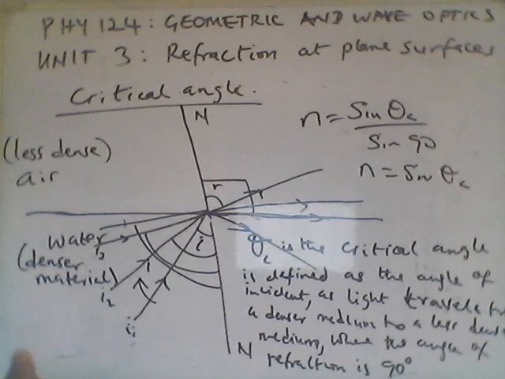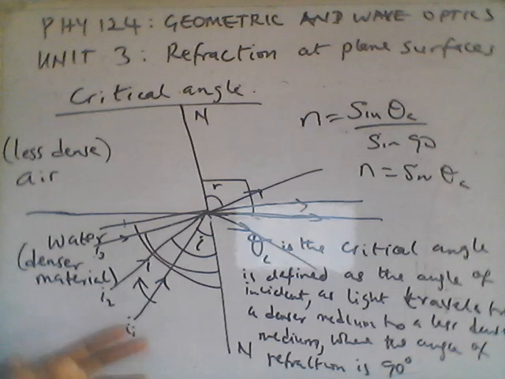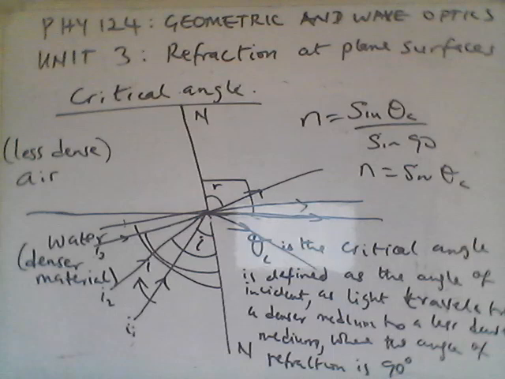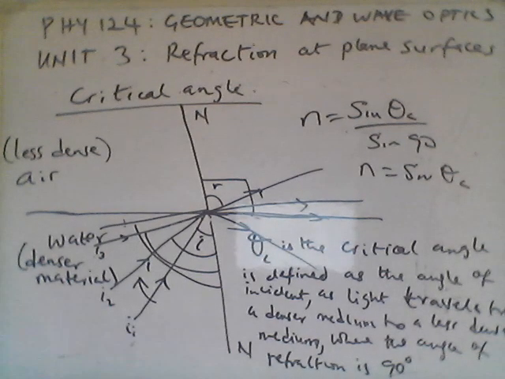The angle formed by the incident ray of light with the normal is called the incident angle or angle of incidence, and the angle formed by the refracted ray with the normal is known as the refracted angle or angle of refraction. The incident ray, the refracted ray, and the normal at the point of incidence all lie in the same plane. That's the first component of Snell's law.